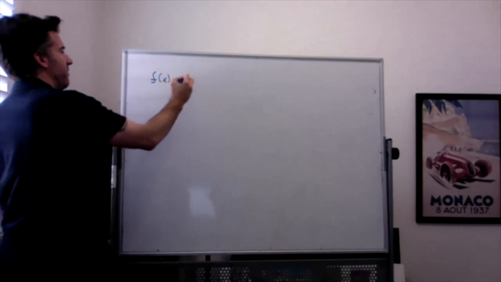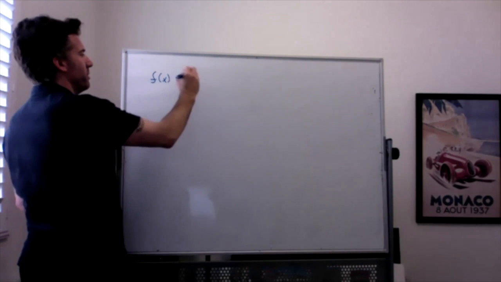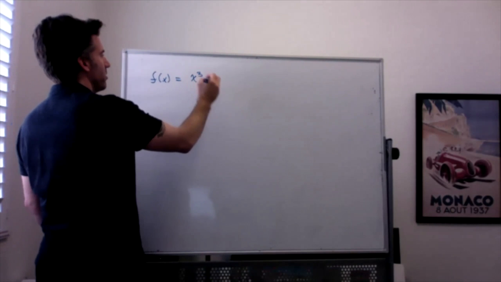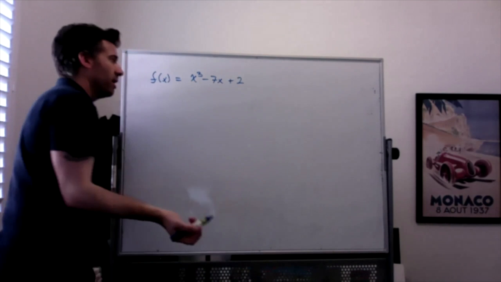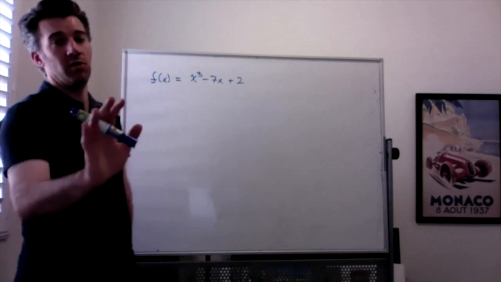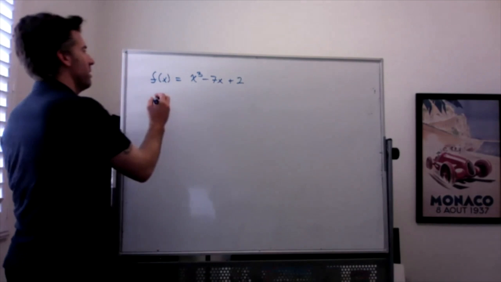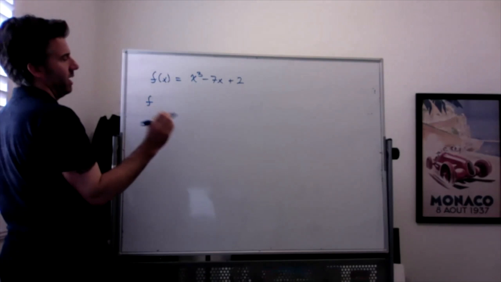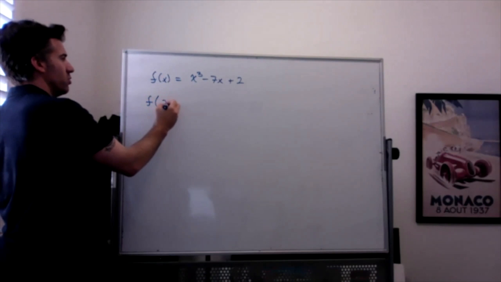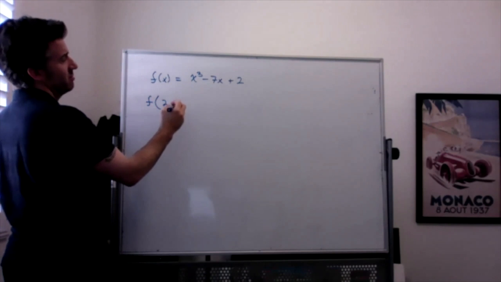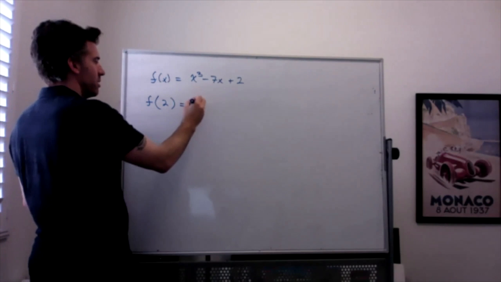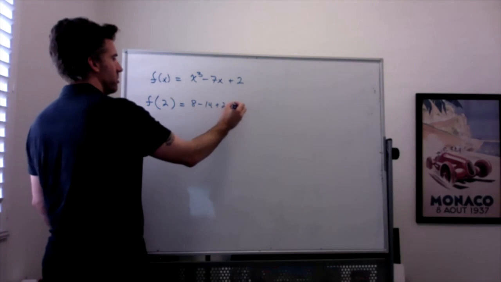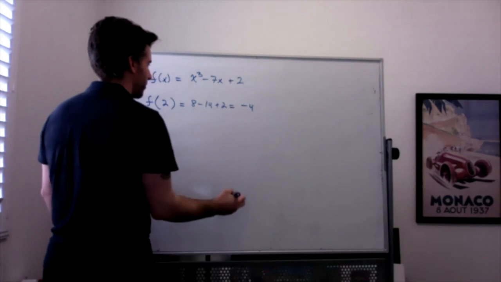So let's look at this example. Let's say we have the function f of x equal to x cubed minus 7x plus 2. Here's what we can say. f of 2 is equal to 8 minus 14 plus 2, which is -4.